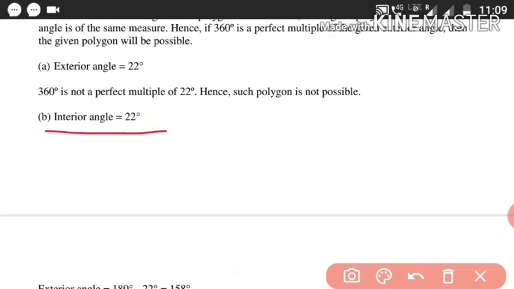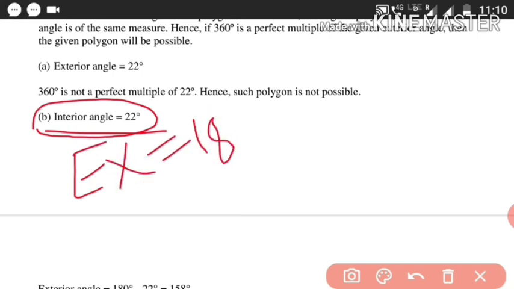The interior angle is given as 22 degrees, isn't it? So as in the previous question, if the interior angle is given, then the exterior angle will be 180 minus 22.